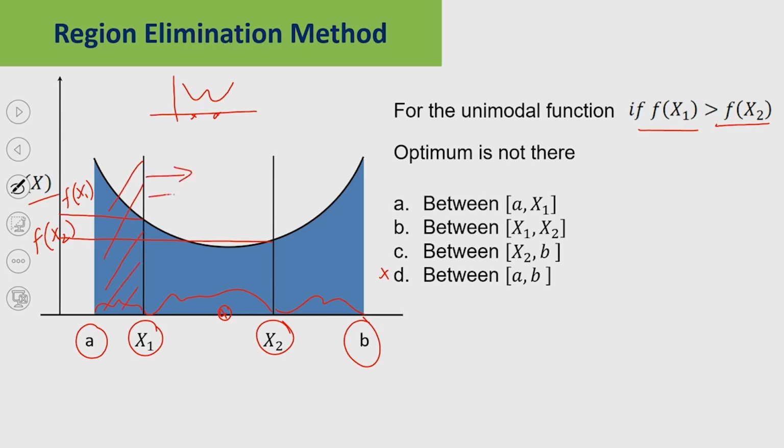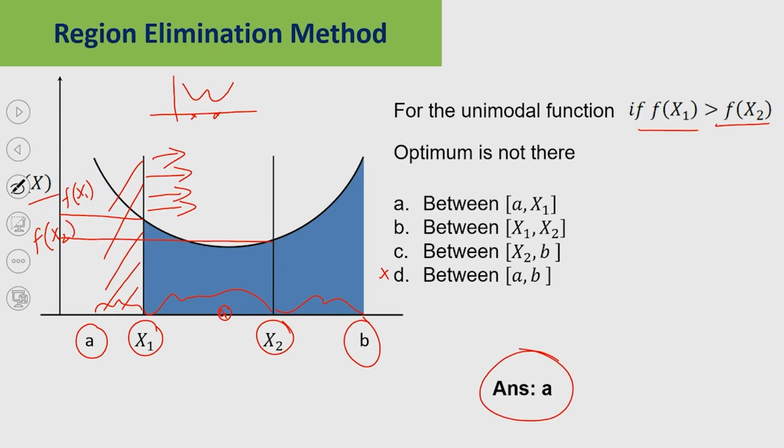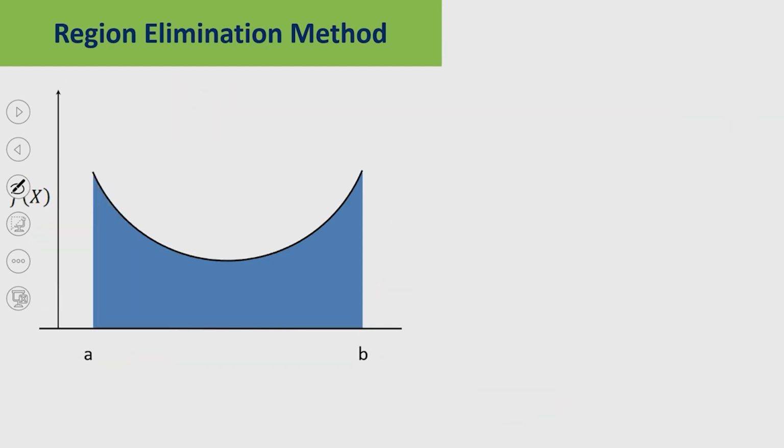So, optima is somewhere on this side, is it not? Therefore, the solution is a, that means optima is not there between a and x1. I hope this is clear.